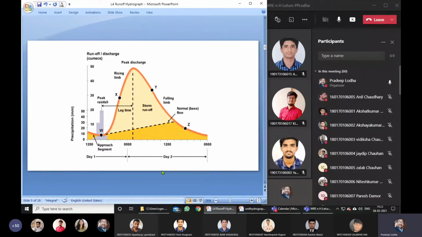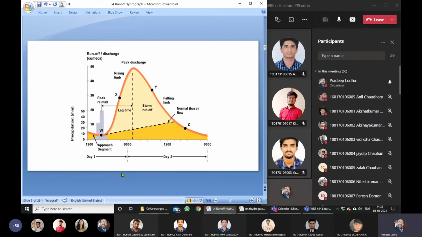So clearly you could segment this hydrograph into two parts. One is the fluctuating part because of the rainfall event. Second is the lesser fluctuating part because of the groundwater contribution. So when we draw a unit hydrograph, this is the total hydrograph. This is not the unit hydrograph.